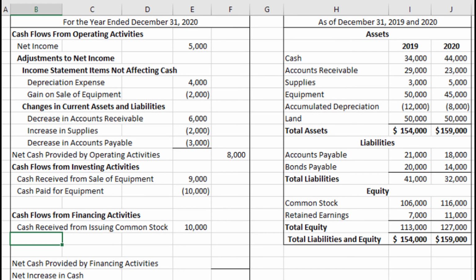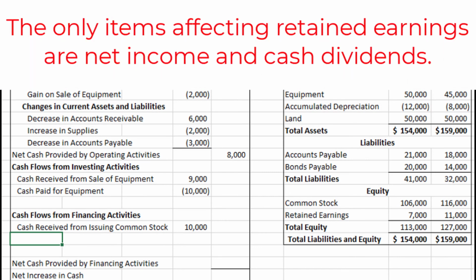The next piece of information says that the only items affecting retained earnings are net income and cash dividends. Now, the part that could be related to cash here would be the cash dividends. And the thing is that cash dividends don't really show up on the balance sheet or the income statement anywhere directly. But we can figure out the cash dividend amount based on some information on those two statements.